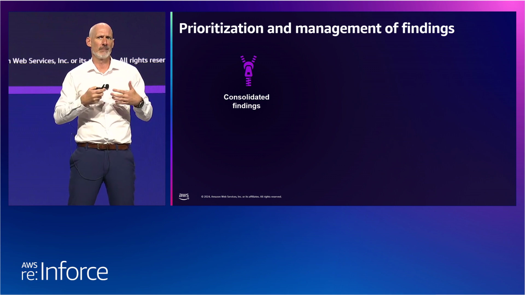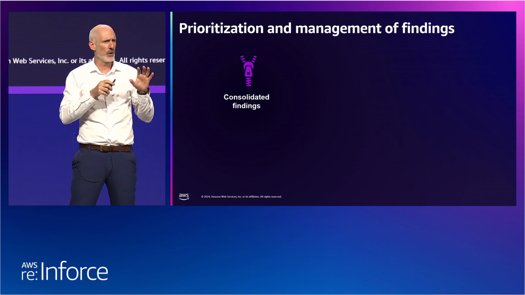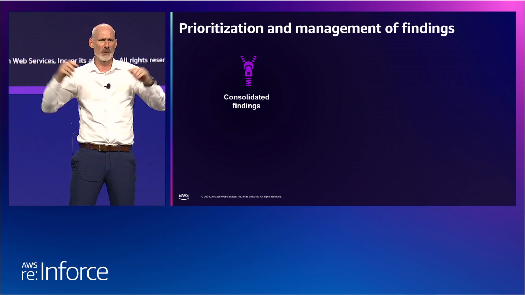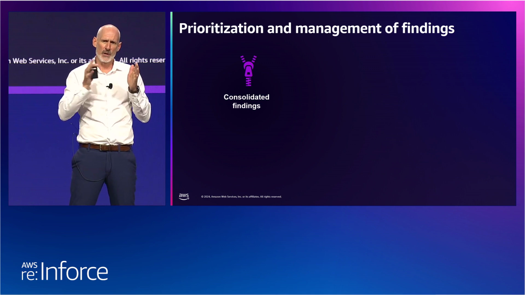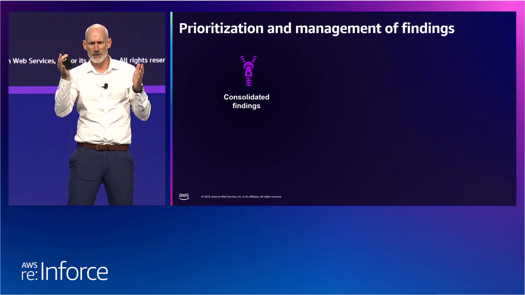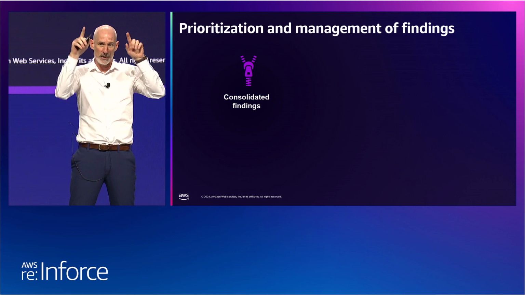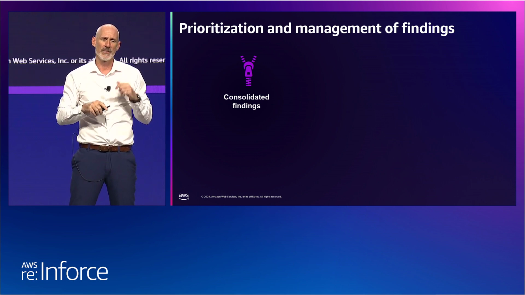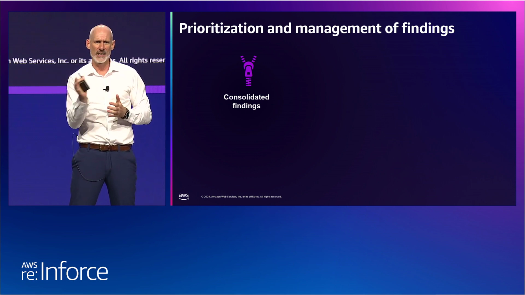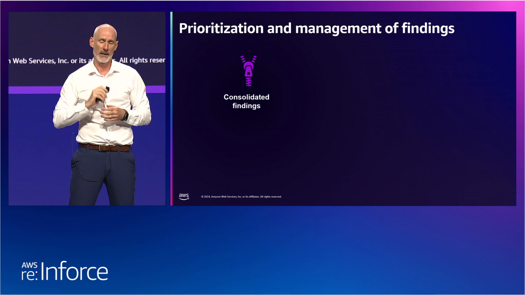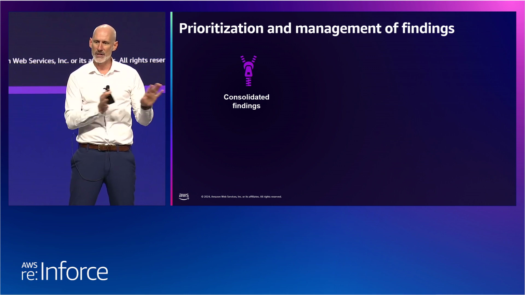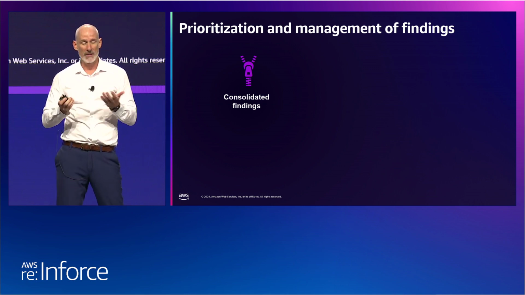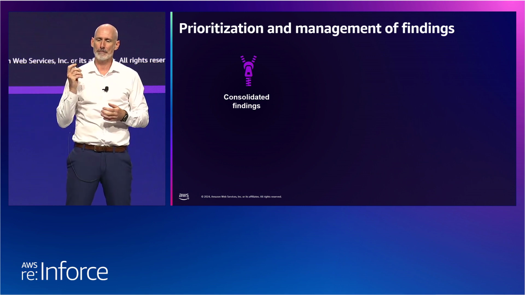An example being having MFA on your root user. You'll find that in every single framework. So if you've turned on more than one, let's say 3 of the frameworks you're using for your controls, they would come in as 3 separate findings. Turning on consolidated findings turns that into a single finding for that particular one, and just reducing some of the noise. So if you've not done that, I'd recommend it.